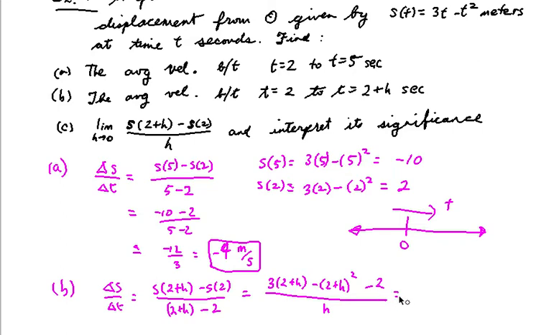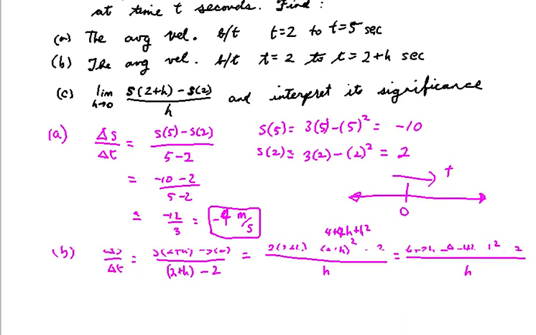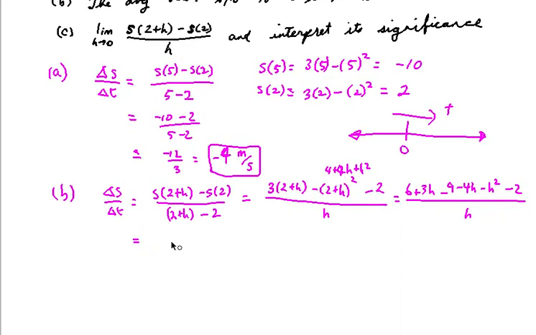If I expand this top part out, I get 6 plus 3h, and then I get minus 4 plus 4h plus h squared, right? So that'd be minus 4 minus 4h minus h squared minus 2 all over h. And if I simplify that, I end up with minus h squared all over h.